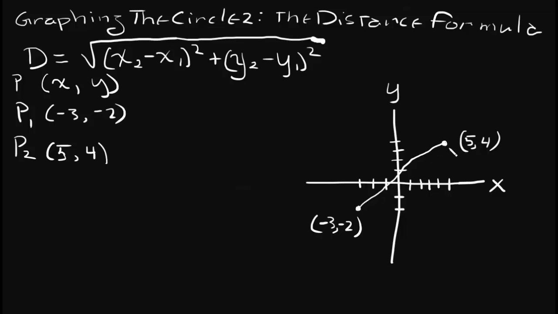So if we make this into a right triangle by dropping a line down parallel to the y-axis and another line across parallel to the x-axis, and since the x and the y-axis are obviously at right angles to one another, 2 lines parallel to them will also be at right angles. So now we have a right triangle.